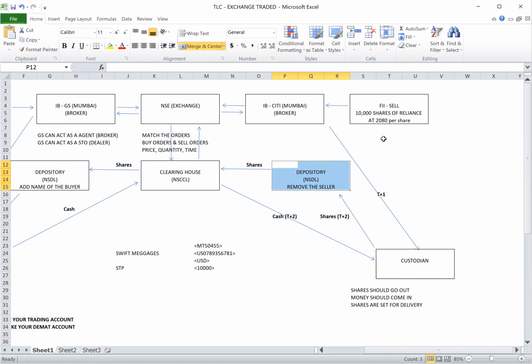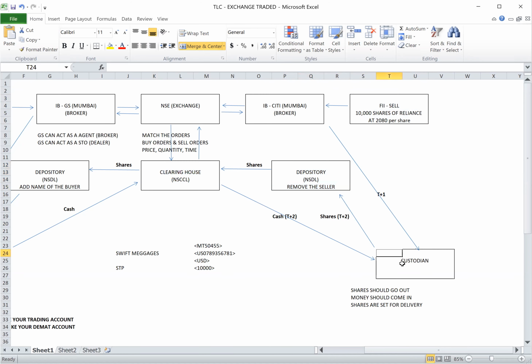Okay, so who was the legal owner initially? This FII was the legal owner of the shares. So what will the depository do? It will remove the name of this entity from those shares. Now they are no longer the owner of these shares. So the depository, NSDL or CDSL, would make the clearing house the owner of those shares.